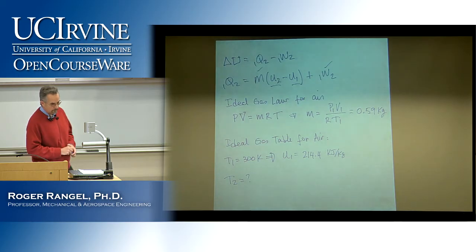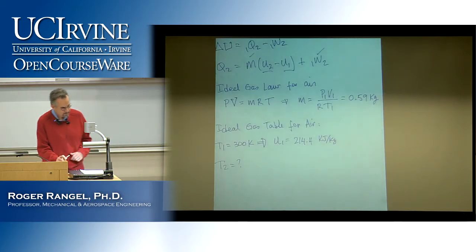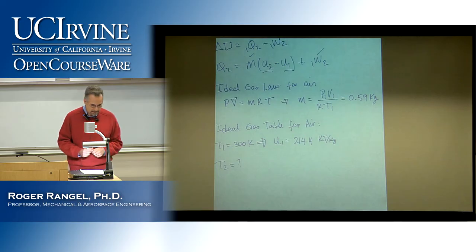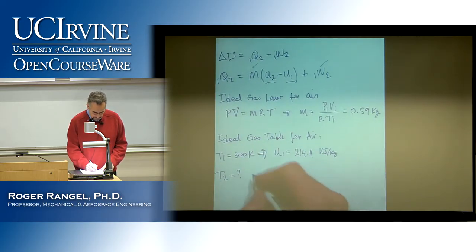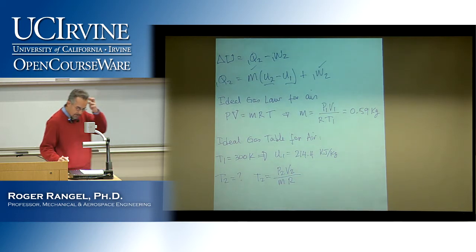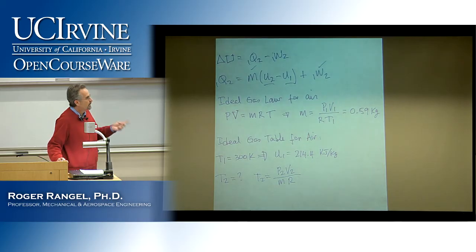How can I get T2, the final temperature? Again, ideal gas law, right? So just grab it from here. So T2 is going to be now P2 V2 over mR. But again, we have P2 is 100 kilopascals, is 1 atmosphere.